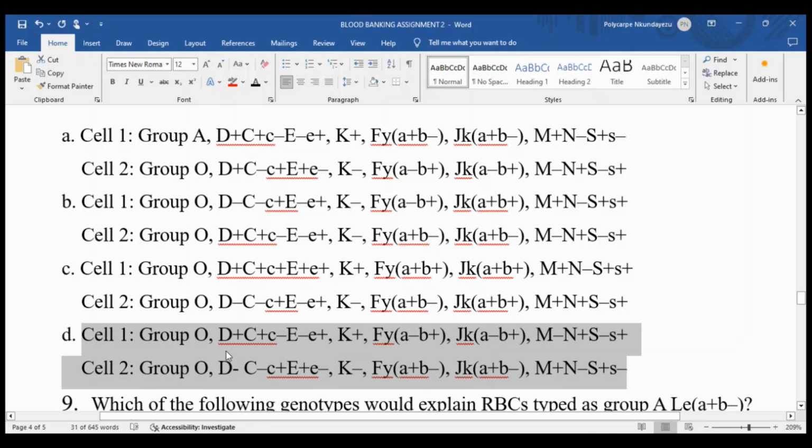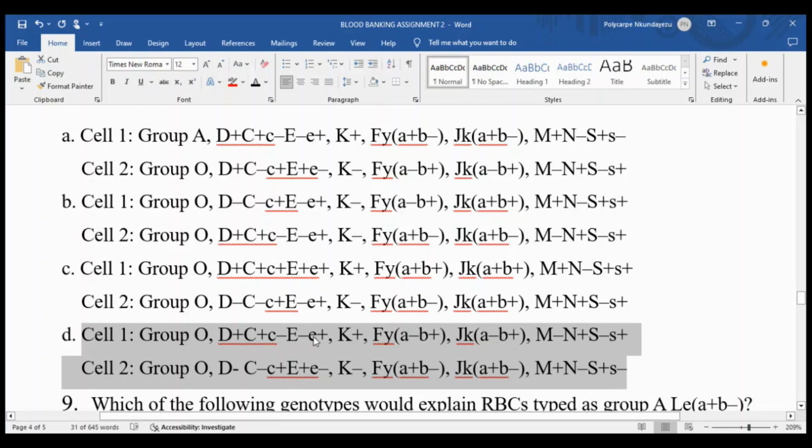D has most of the antigens required and it shows dosage. So let's look at the D pair. Cell number 1 in this pair exhibits capital D, capital C and small c, and capital E and small e.